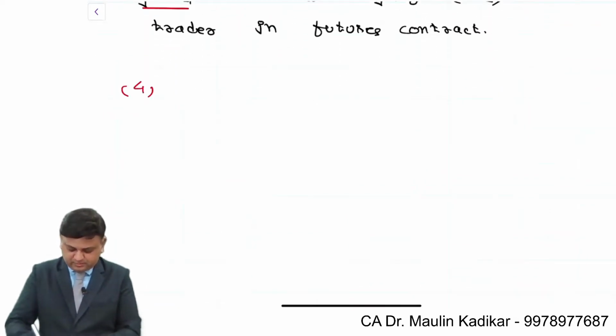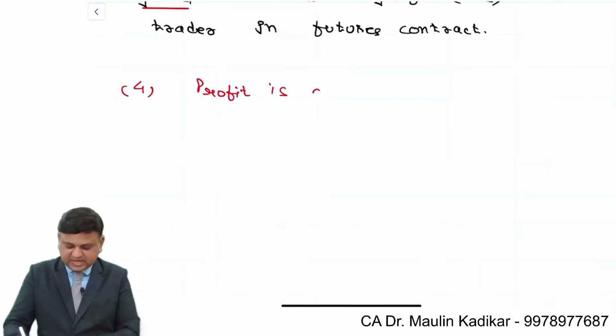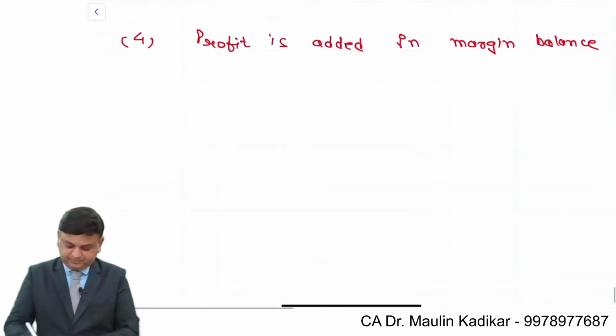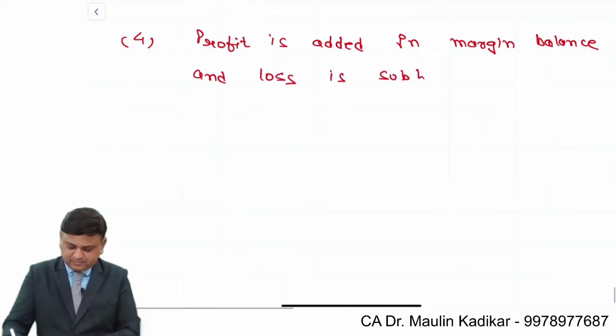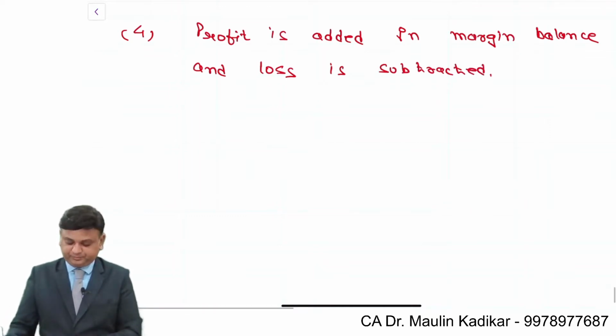Fourth point, profit is added in margin balance and loss is subtracted. Full stop.